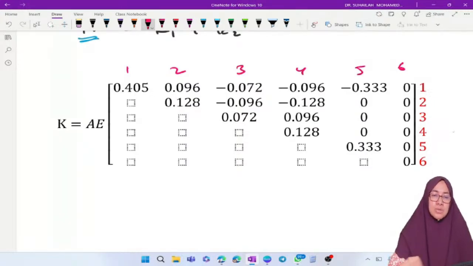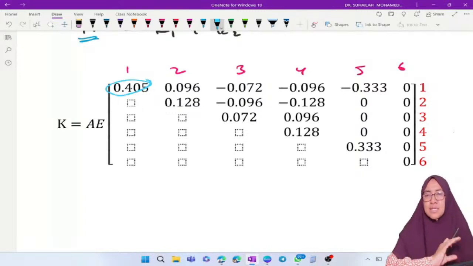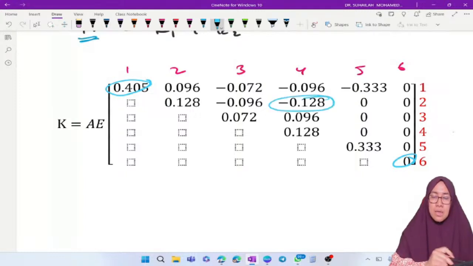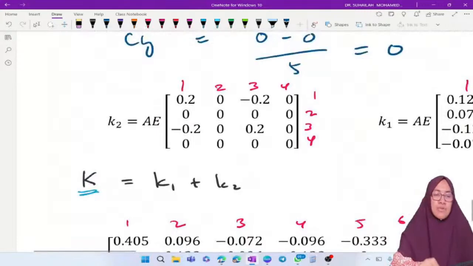Okay, so this position is 1, 1. This is just a simple matrix like what you have learned previously. This is 6, 6. This is 2, 4, 4, 2. Same value. Okay, just like that.